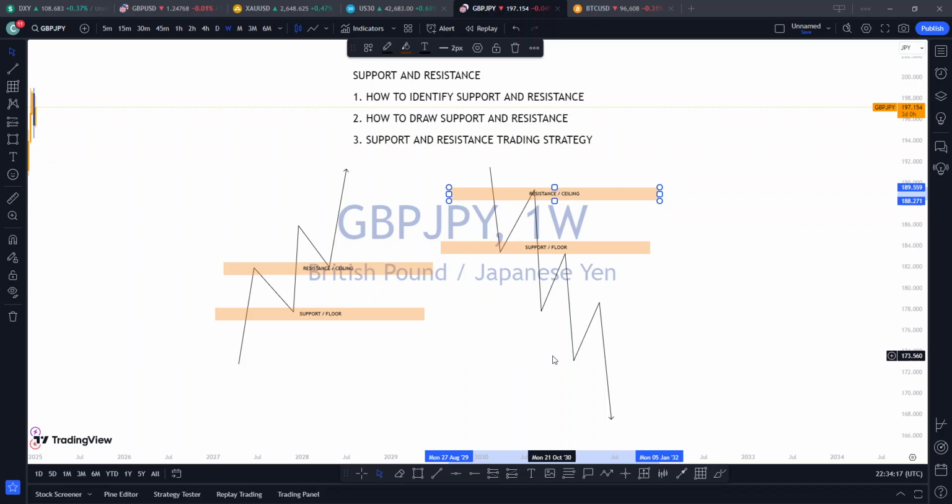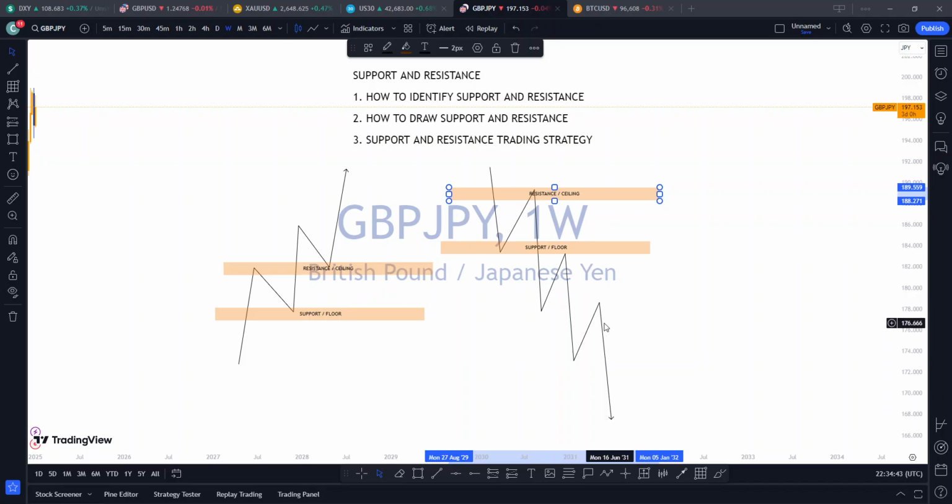A support can turn into a resistance, and a resistance can turn into a support as price action moves. Not every resistance is a resistance, and not every support is a support. The more rejections around the support and resistance, the more it signifies the zone.